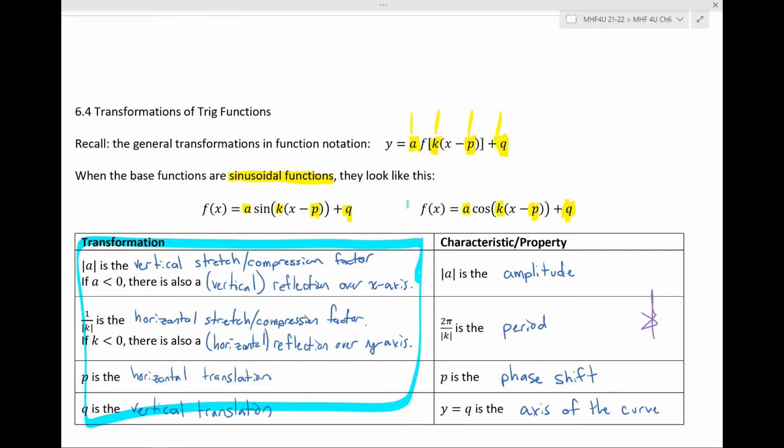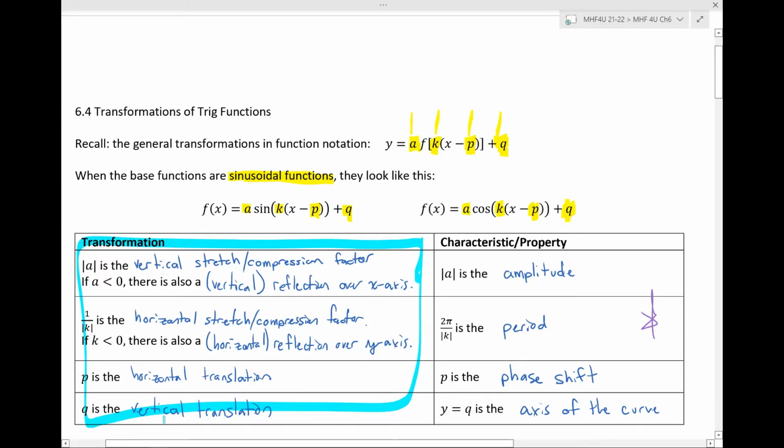If A is less than 0, there's also a vertical reflection, which means it's being reflected over the x-axis. 1 over the absolute value of K is our horizontal stretch or compression factor. If K is negative, then we have a horizontal reflection over the y-axis. P is our horizontal translation. Q is our vertical translation.